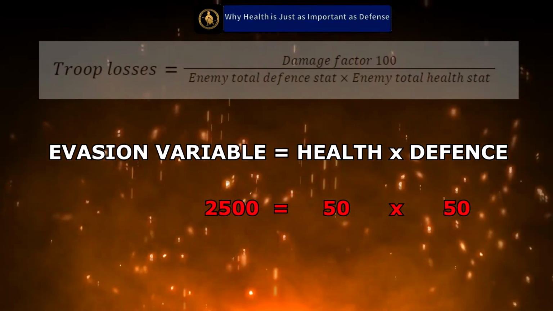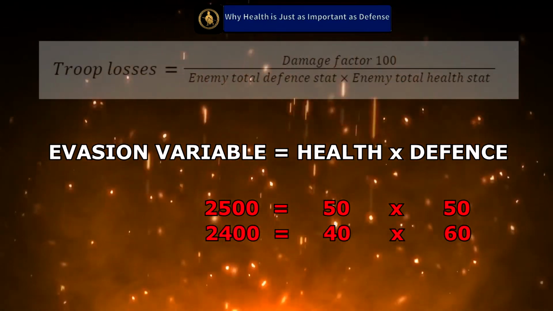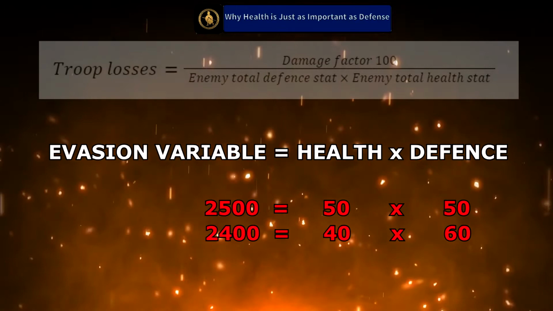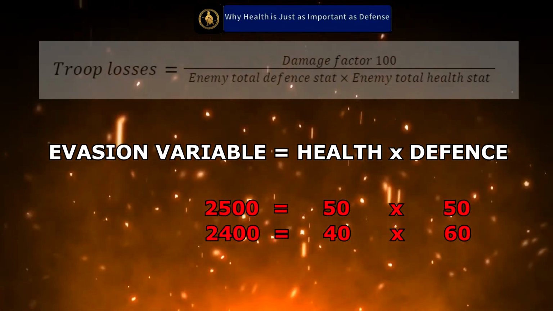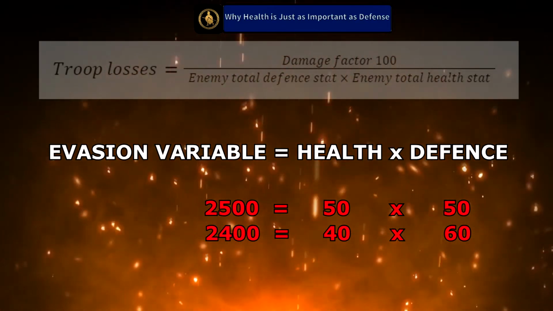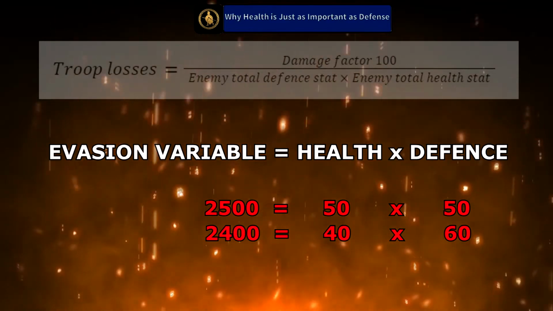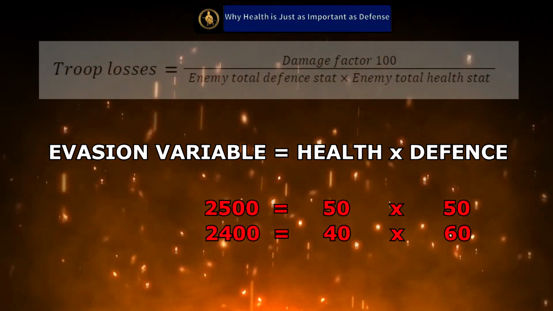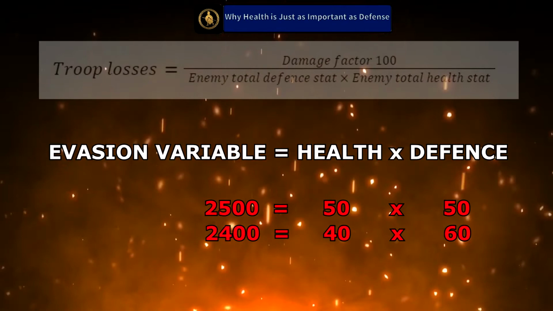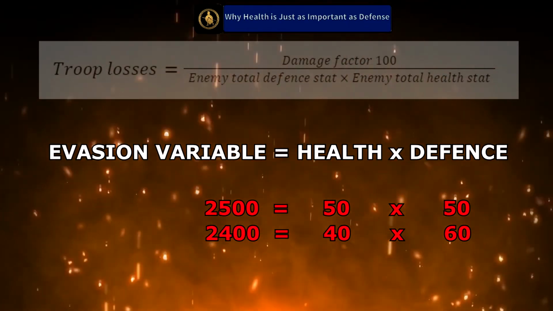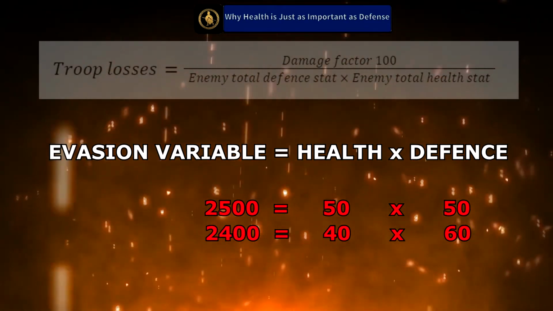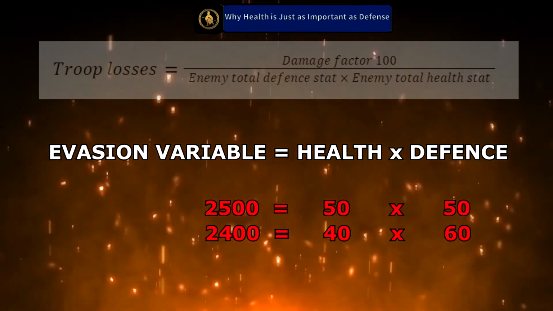Now let's say health is 40 and defense is 60. Remember, they total up to 100 if we were to add them together. So when we multiply these, 40 multiplied by 60, we get an evasion variable of 2,400. So you can see already this is 100 lower than the previous one.